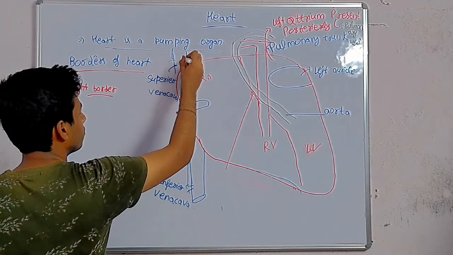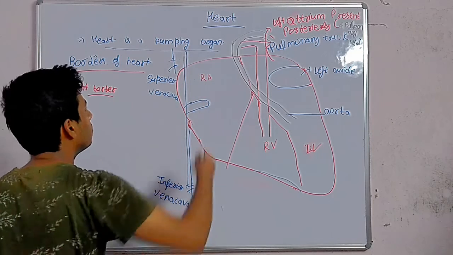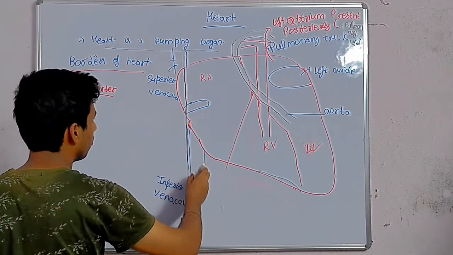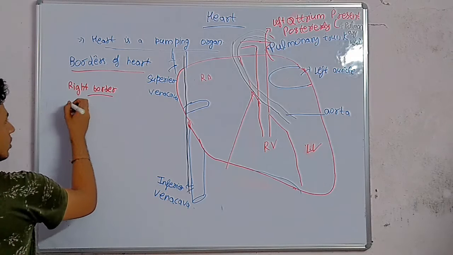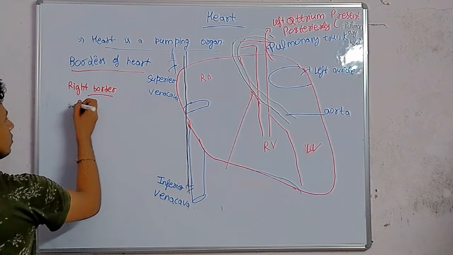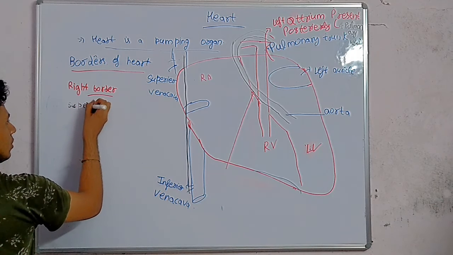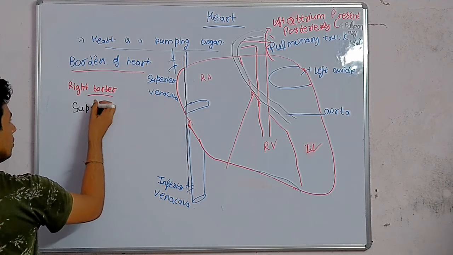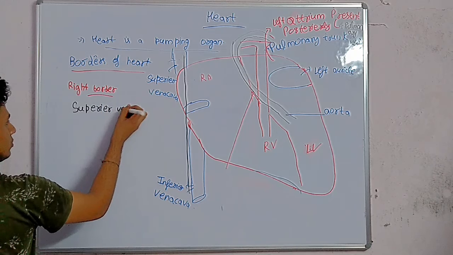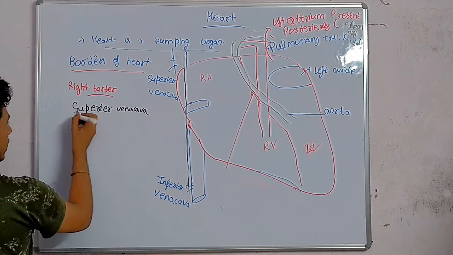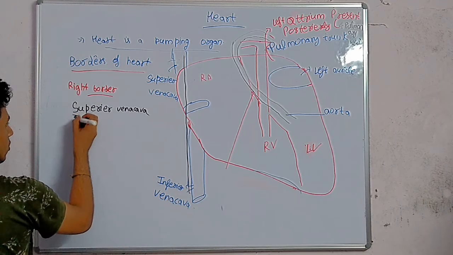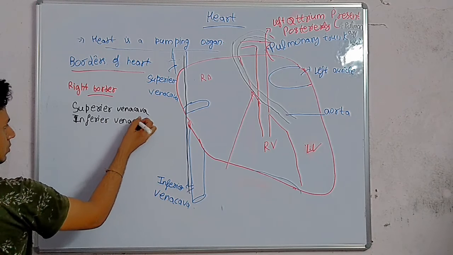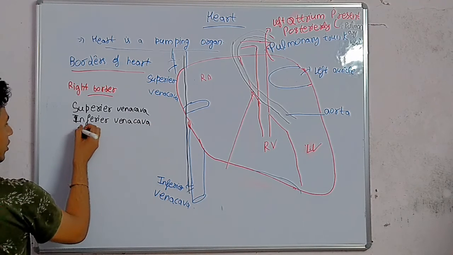This whole line forms right border: superior vena cava, inferior vena cava, and right atrium.